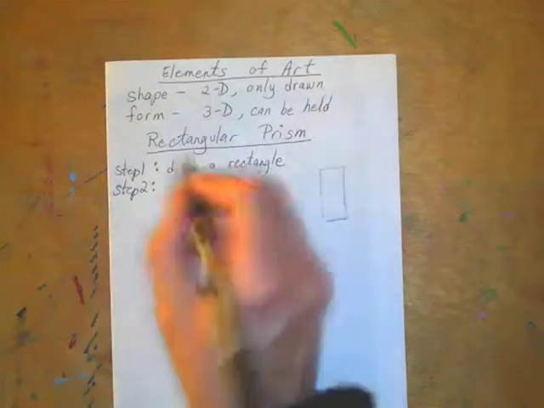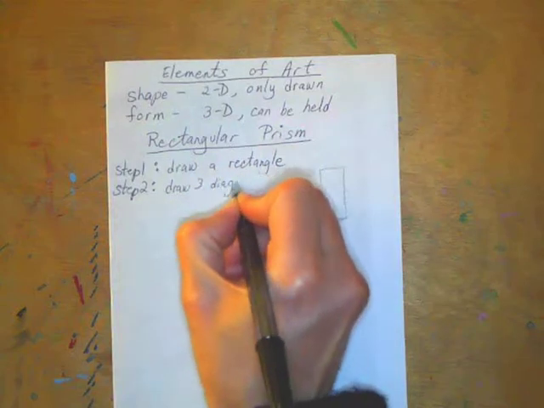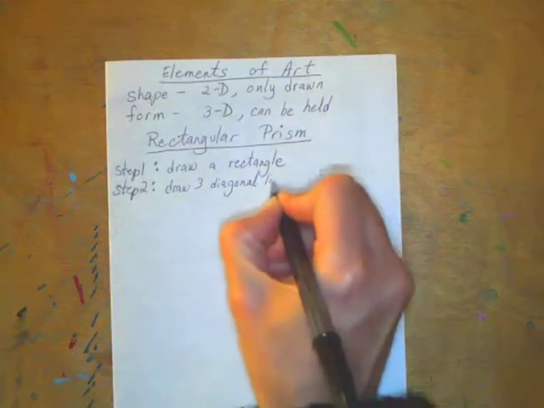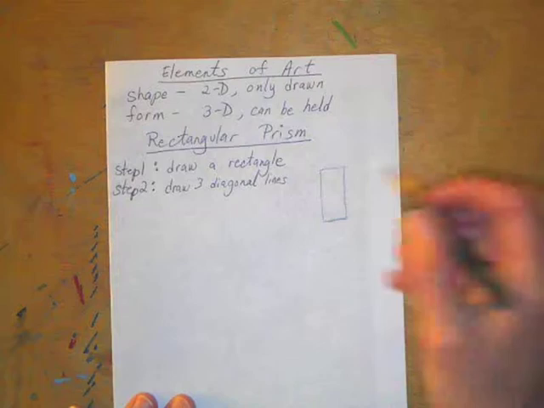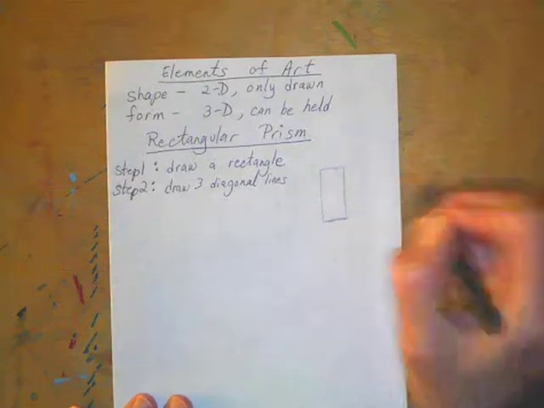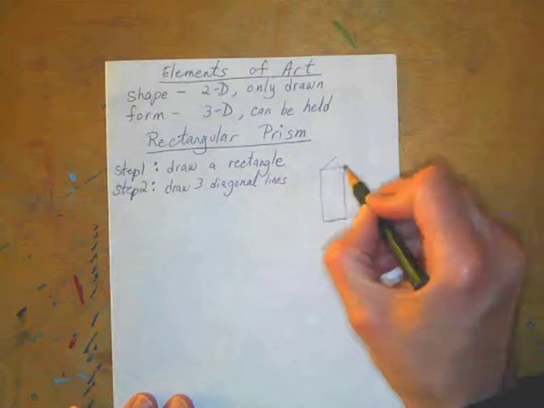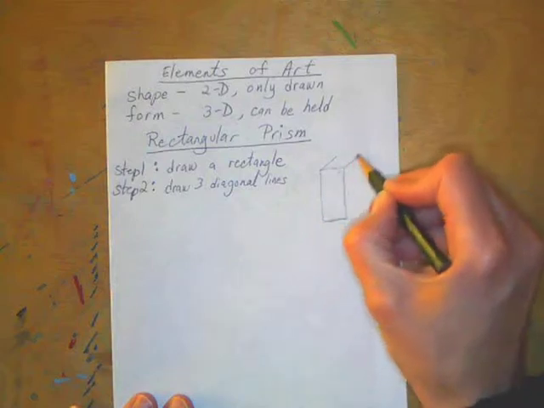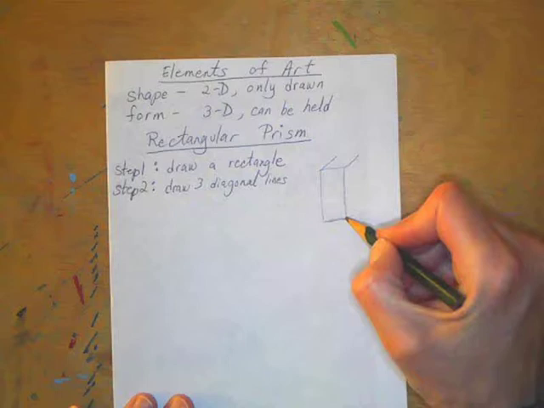Step 2 is to draw 3 diagonal lines. This is if you can see the top and side or bottom and side. So my 3 diagonal lines, as I see the top and the right side, are going to go up and to the right off of the 2 top corners, and they need to be about the same length and about the same direction, and off of this bottom right corner.